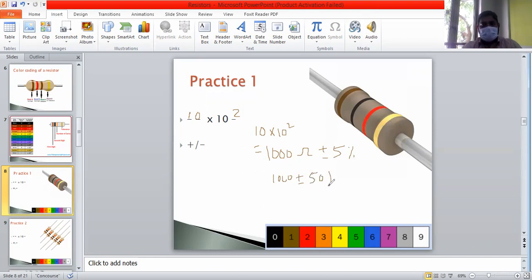So you can write it as 1000 plus minus 50 ohms. I have arranged two more examples which we will discuss.